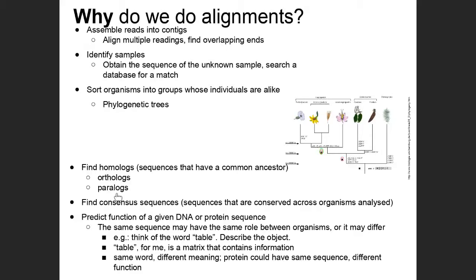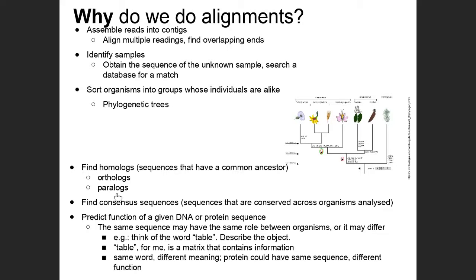Paralogs are sequences that underwent some duplication. The most common example is globin. We have three versions of globin. So there were duplication events, and then there were some changes.